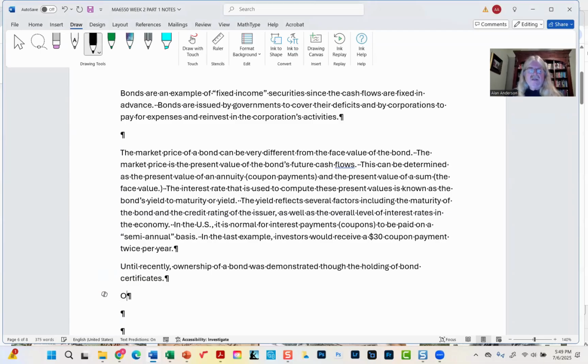On the day that a bond is issued, its market price equals its face value. On the day that a bond matures, the market price equals the face value.